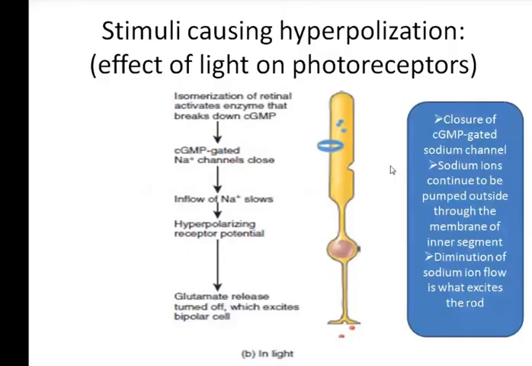Hyperpolarization is activating the cell, and that activation leads to the decreased release of the neurotransmitter, that is glutamate, from the photoreceptors. Am I clear? Please tell me, five of you. If it is not clear, then it will be very difficult for you. Please let me know.